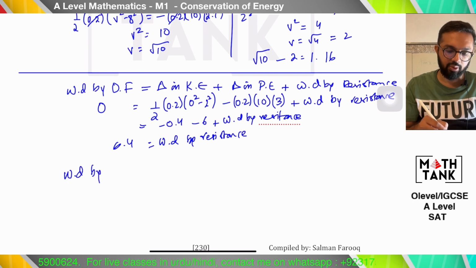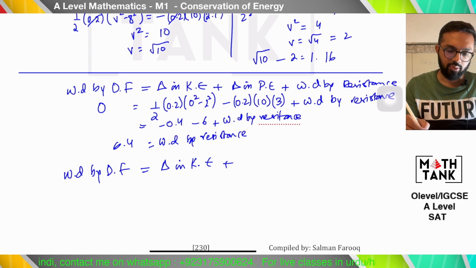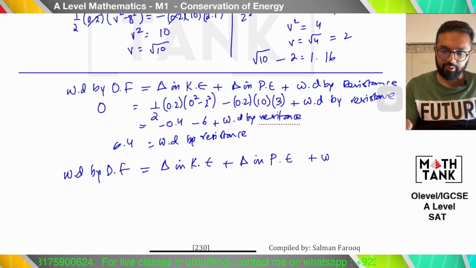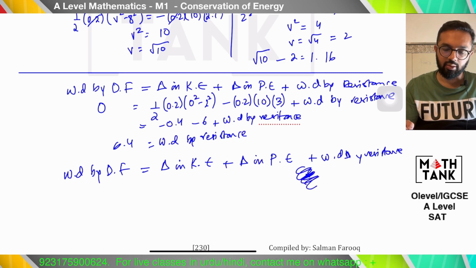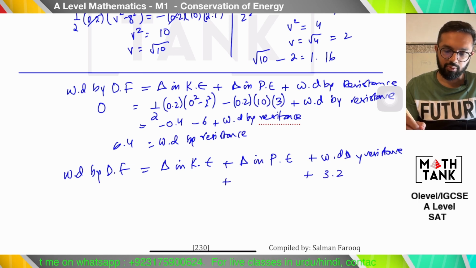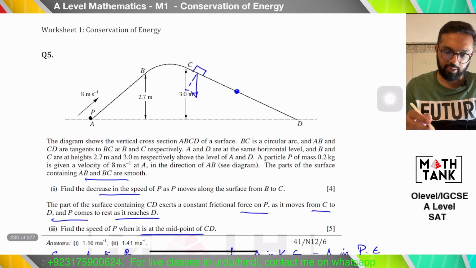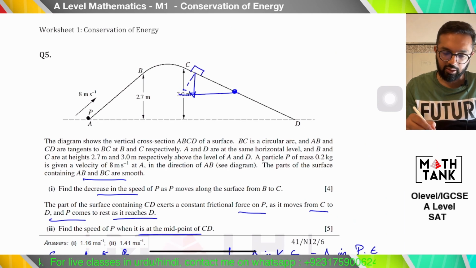So I'm going to again say work done by driving force equals change in K, change in P, plus work done by resistance again. I'm going to say that this is 3.2. Change in P is, now since I'm at the midpoint here, I can assume that this height is also going to be half.